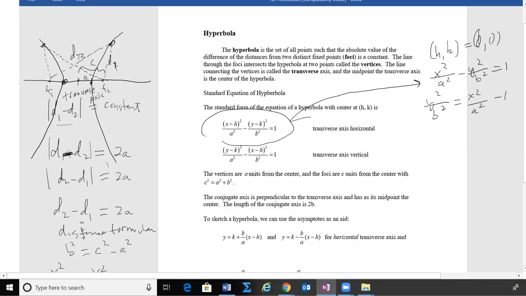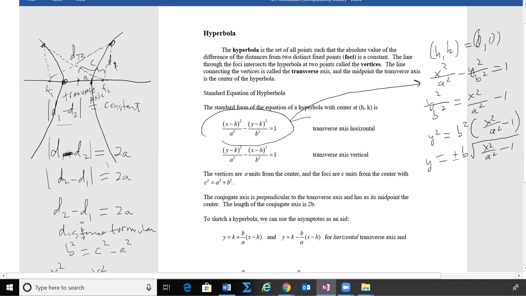So we bring that over, and it's b squared times... And then y would be equal to, technically speaking, plus or minus b, and then the square root of x squared over a squared minus 1.